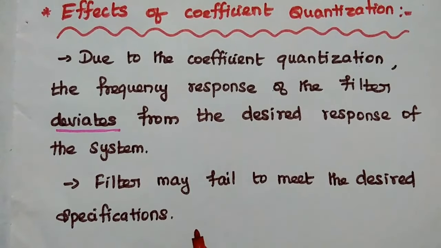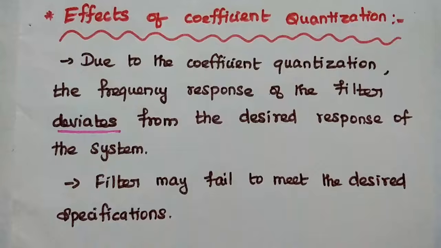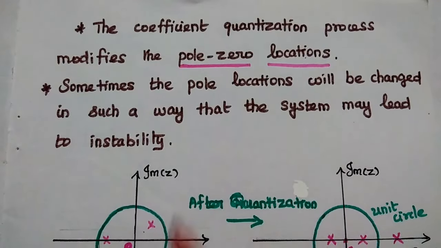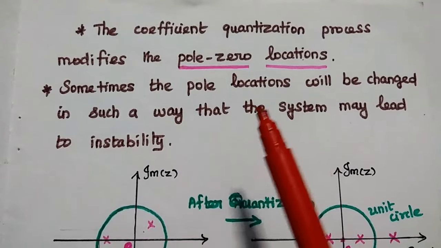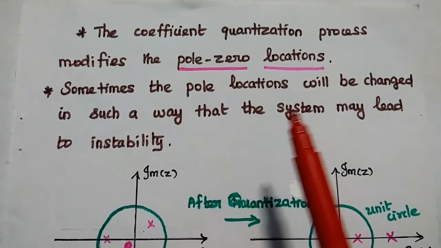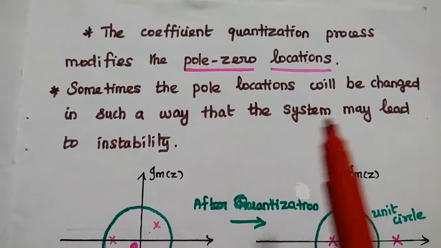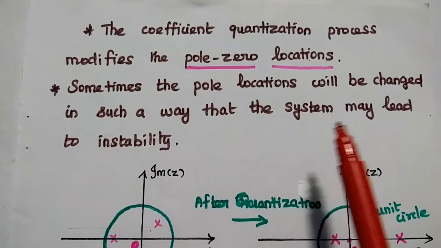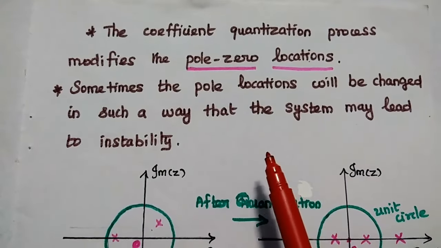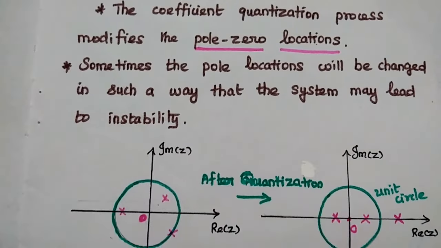Hence the filter may fail to meet the desired specification, correct? Then the coefficient quantization process modifies the pole zero locations of the transfer function of the system. Sometimes the pole locations will be changed in such a way that the system may lead to an instability condition.